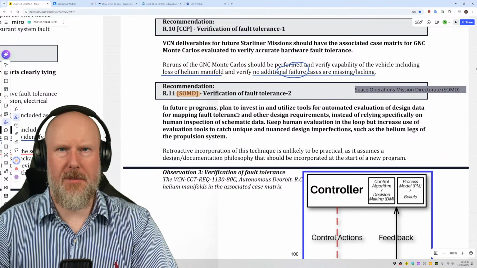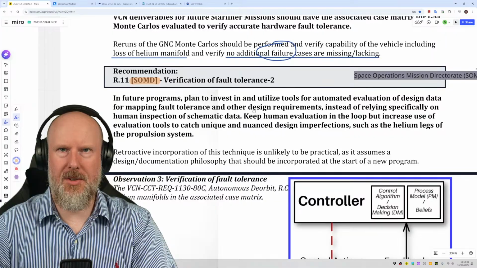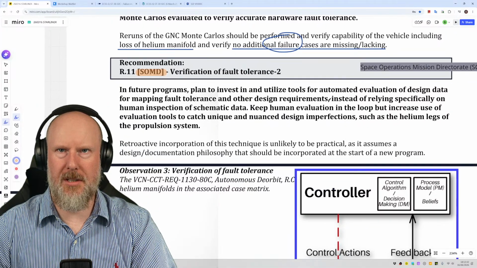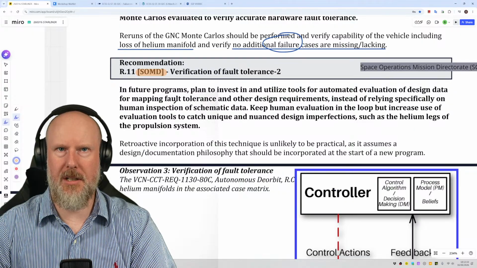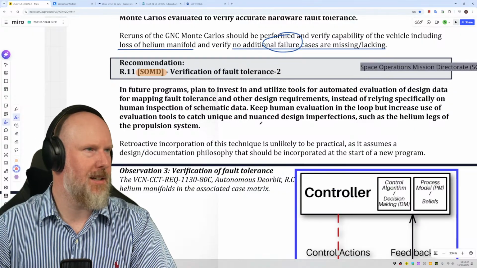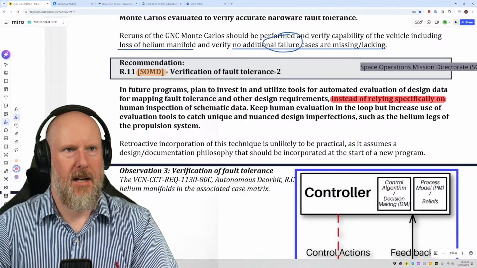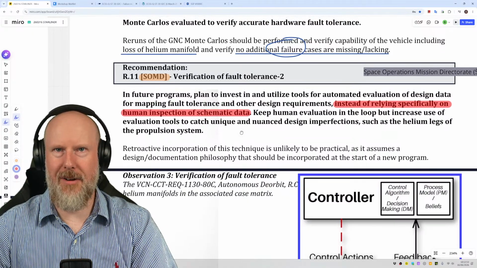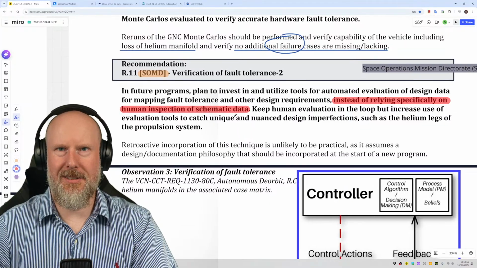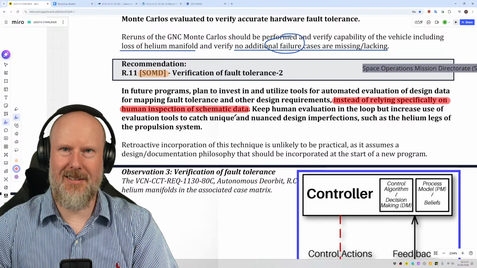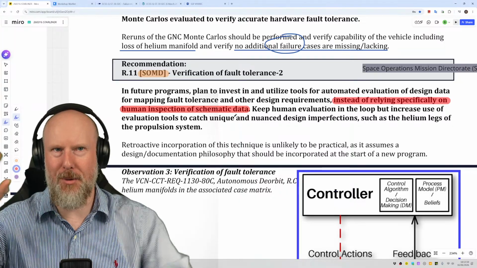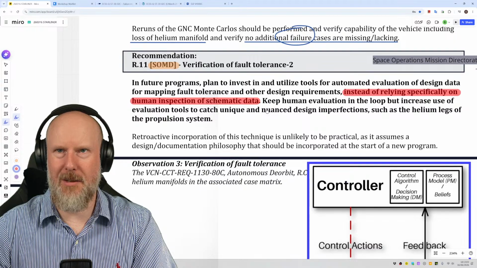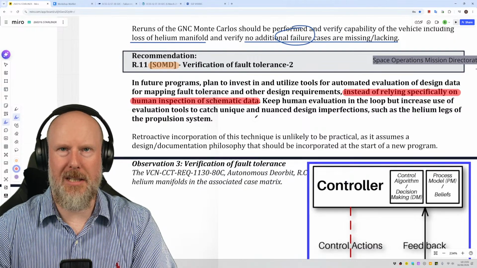In future programs, plan to invest in and utilize tools for automated evaluation of design data for mapping fault tolerance and other design requirements instead of relying specifically on human inspection of schematic data. I think that's a great recommendation, but it has to be done very, very carefully, because if people know that that happens and that it's reliable, they might start adapting and not necessarily being as diligent as you really need them to be.